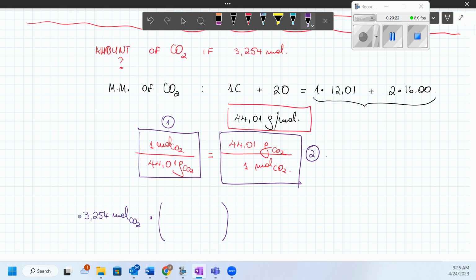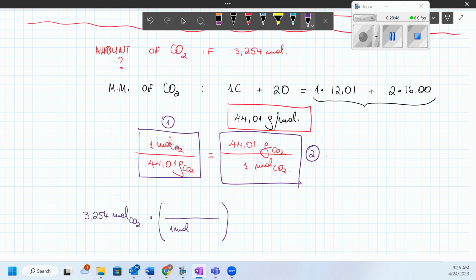So you want to cancel the moles of carbon dioxide. Which ratio do we have to use? In other words, which ratio has the moles in the opposite place? If moles are at the top, then on the ratio you will look for moles at the bottom, and it's ratio 2. Good, thank you.